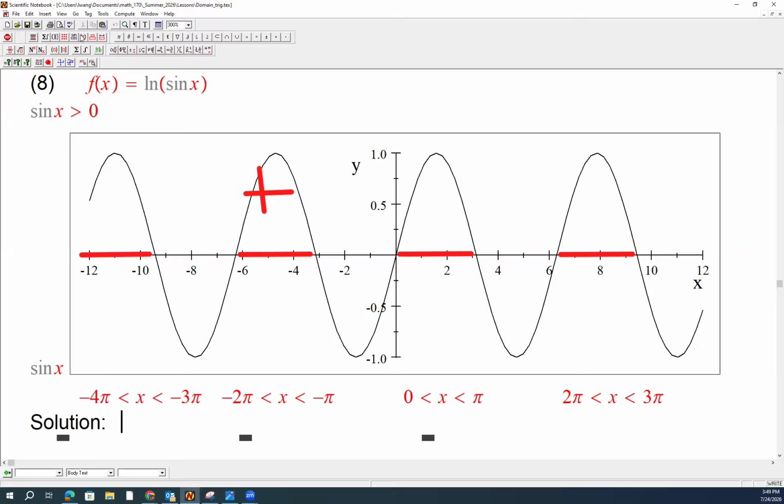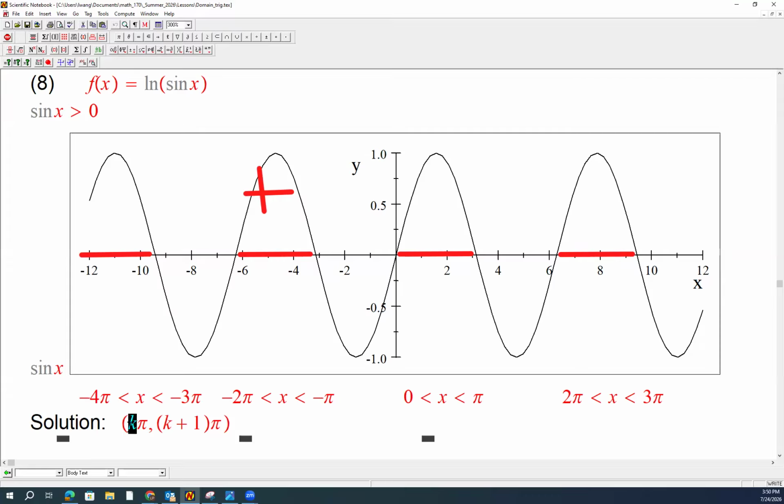Let's see if that works. This is going to be k pi to k plus 1 pi. Will that work? Let's test drive it.